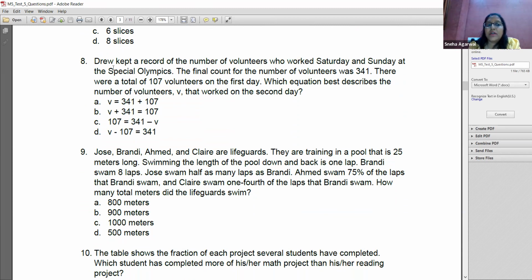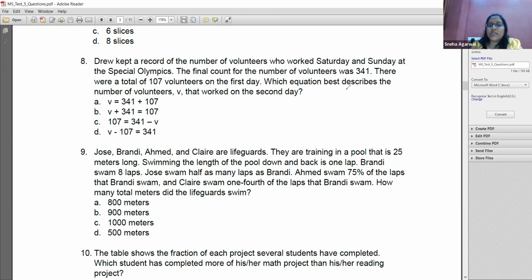Now next, Drew kept a record of the number of volunteers who worked Saturday and Sunday at the Special Olympics. The final count for the number of volunteers was 341. There were a total of 107 volunteers on the first day. Which equation best describes the number of volunteers that worked on the second day?